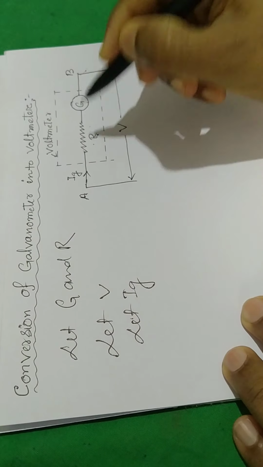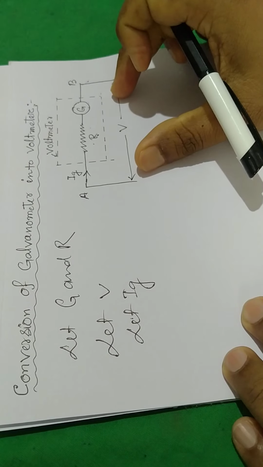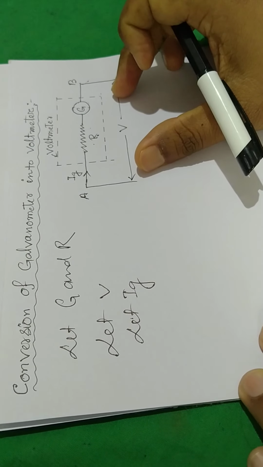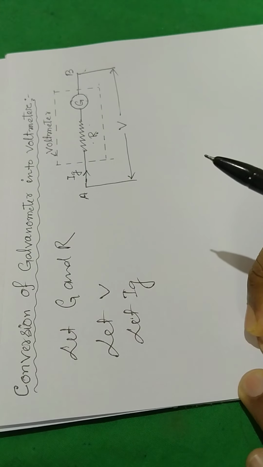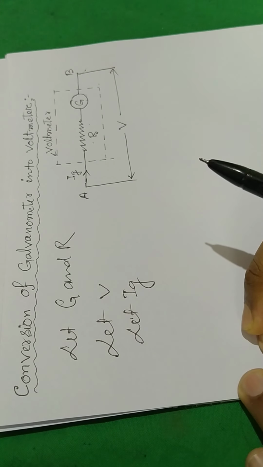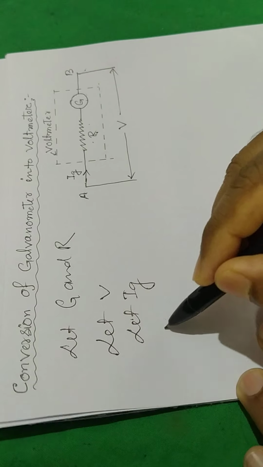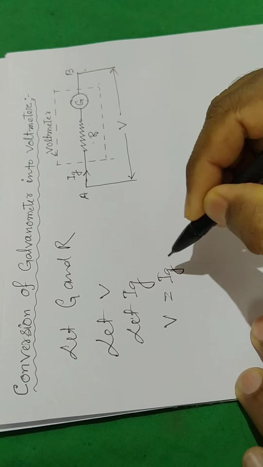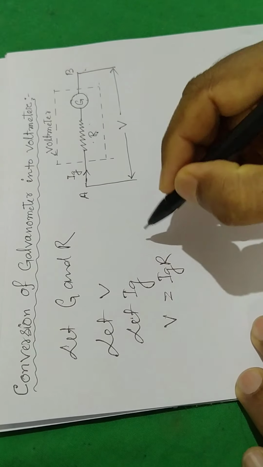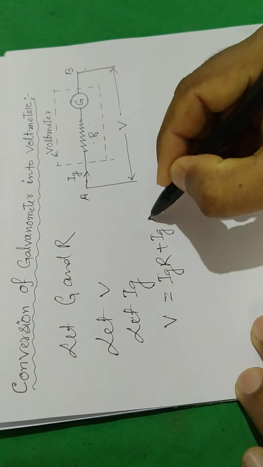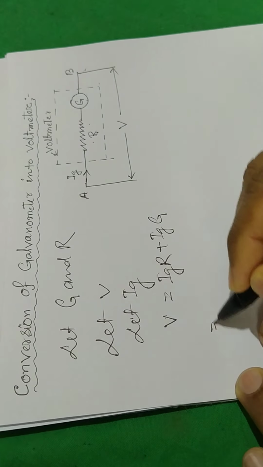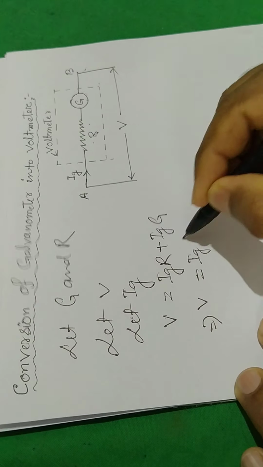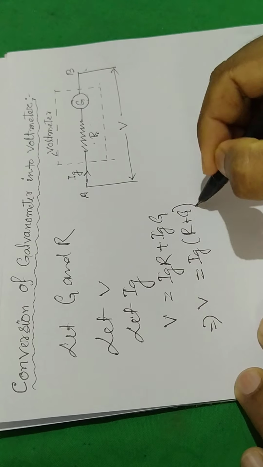Since R and G both are connected in series, hence the potential difference between points A and B is given by V equals Ig R plus Ig G. We can take Ig common: Ig (R plus G).